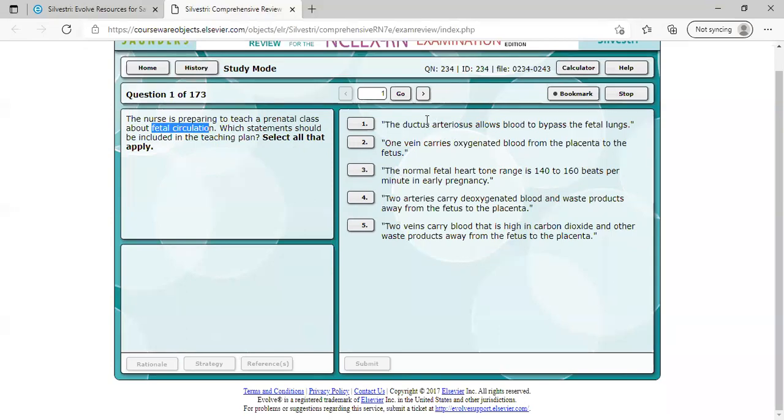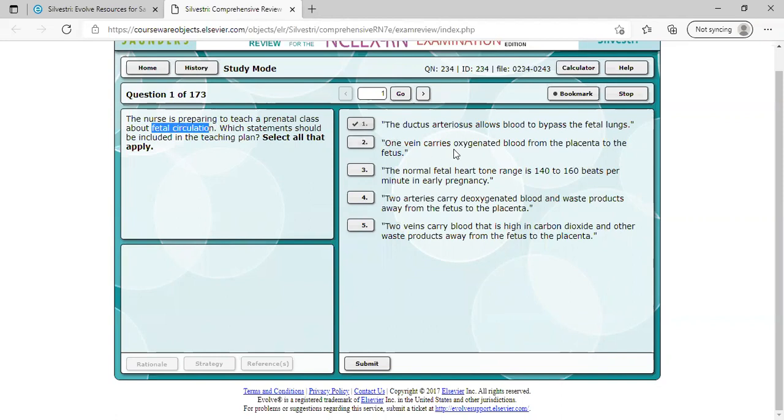This is the structural part of fetal circulation. It allows the non-functioning lungs to receive only a minimal amount of oxygenated blood, and the tissue maintains its metabolism. So this is one good choice, because the ductus arteriosus allows blood to bypass the fetal lungs. It is true about fetal circulation.